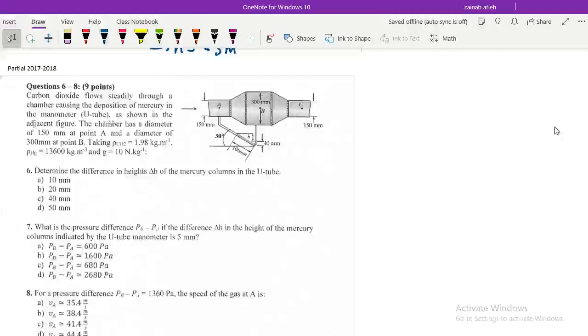It says determine the difference in heights delta H of the mercury columns in the tube. So he means that it's H, it's not delta H. It's this H that appears, the difference between the two sides of the U-tube manometer. So how to find delta H?